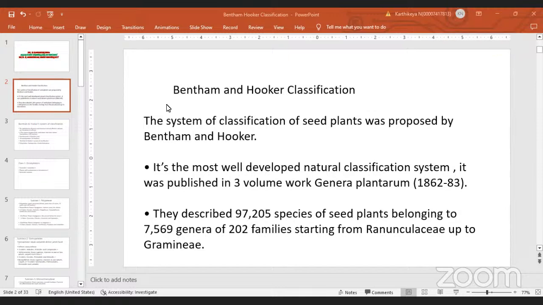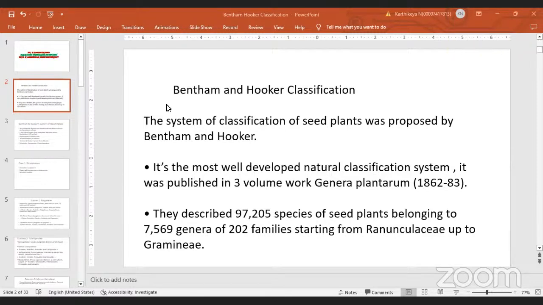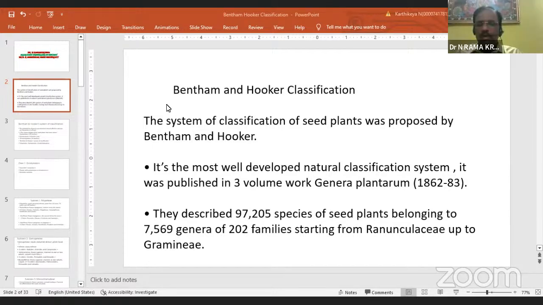Is it about cotyledon? No. The petals or something? No. Classification means taxonomy. Taxonomy depends on only 3 characters. What is that one?